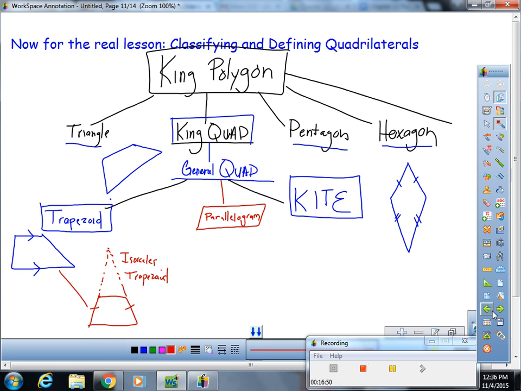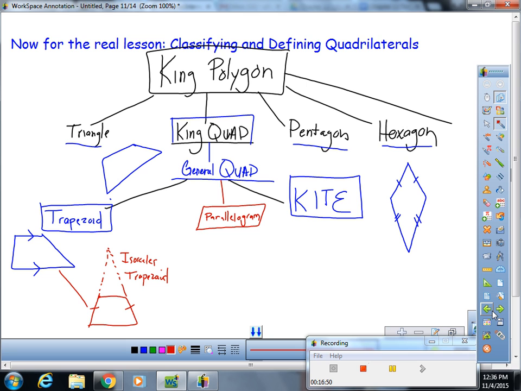In fact, he was so proud that he kind of rubbed some of his friends the wrong way. A lot of his friends in Kentucky moved out. They were so sick of hearing about parallelogram this and parallelogram that. Okay? So, General Quad decided, I'm going to take parallelogram around the world.